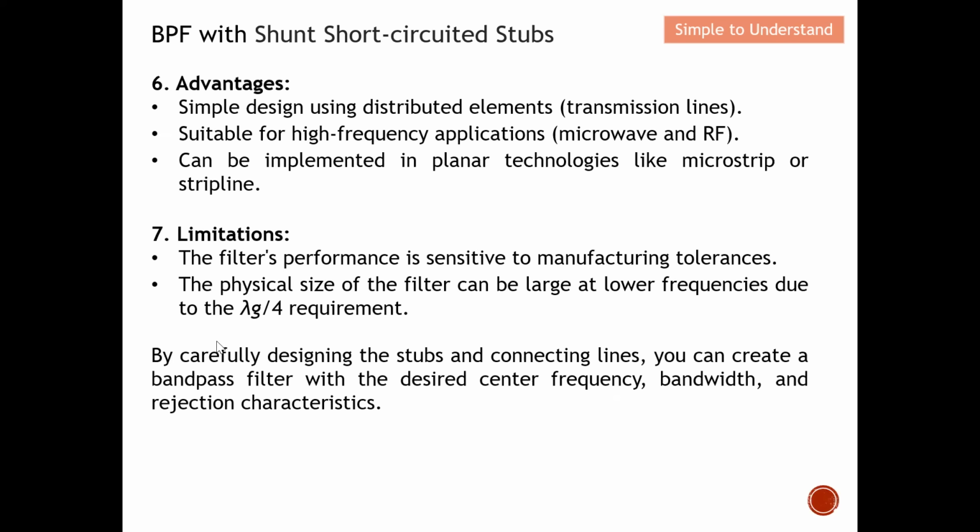Hence, a quick discussion: by carefully designing the stub and the connecting line, you can create a bandpass filter with the desired center frequency, controlling the bandwidth and the rejection characteristics, based on the number of shunt short circuit stubs that you can choose.